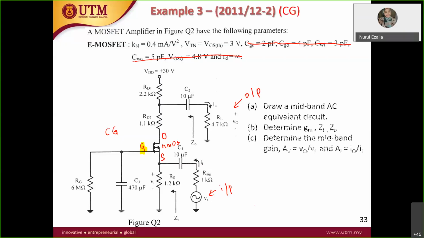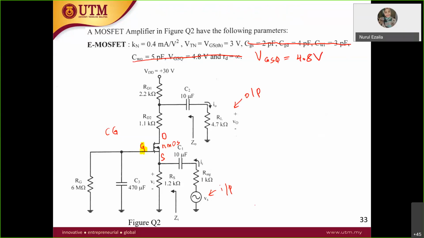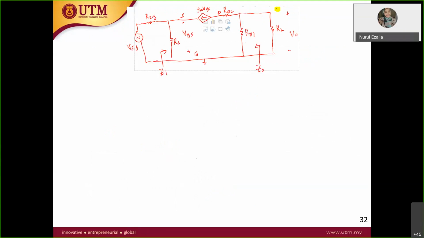VGSQ is given, therefore you can find gm. VGSQ is 4.8 volt. So how do you find gm? Since VGSQ is given, you will be using gm equal to 2K times VGSQ minus VTH.